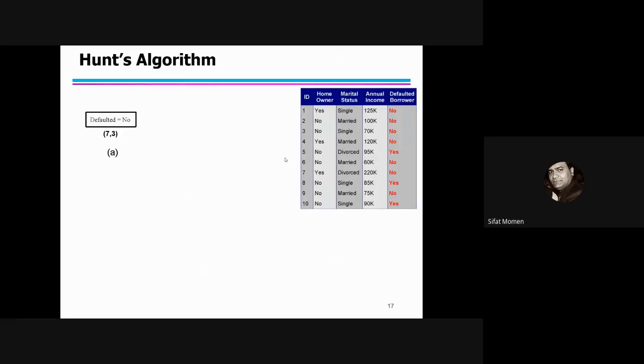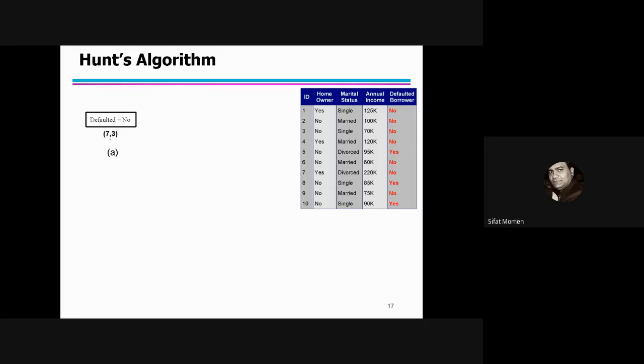Let's say, for example, look at this slide very carefully. Initially, how many defaulters are there? How many no's are there, and how many yeses are there? Can you count? 3 yes, 7 no. So we wrote over here 7, 3. First I'm writing no, then yes.